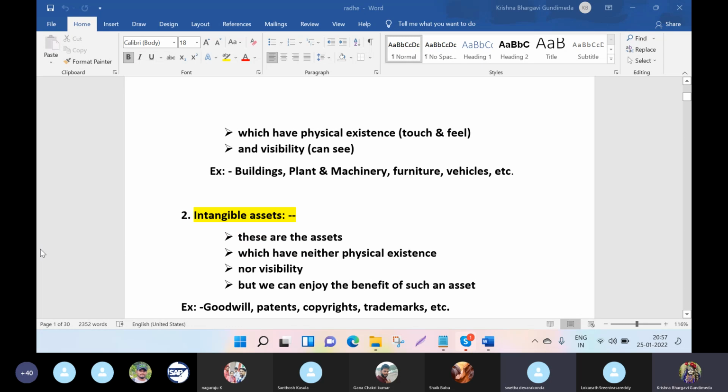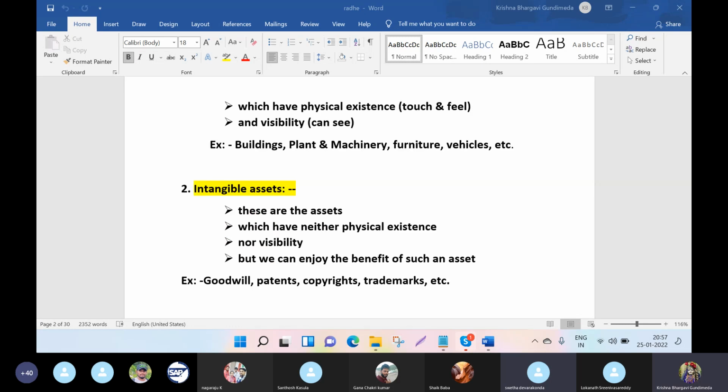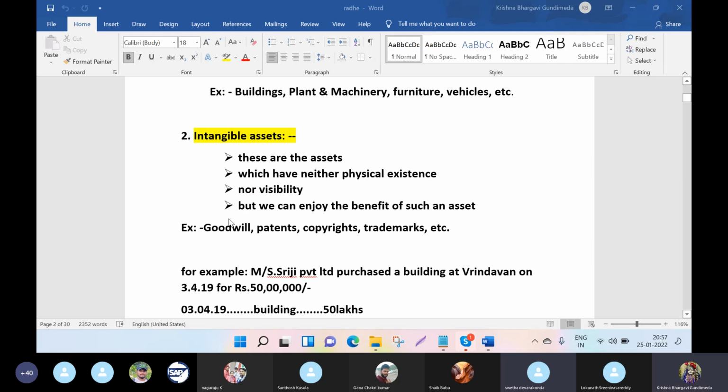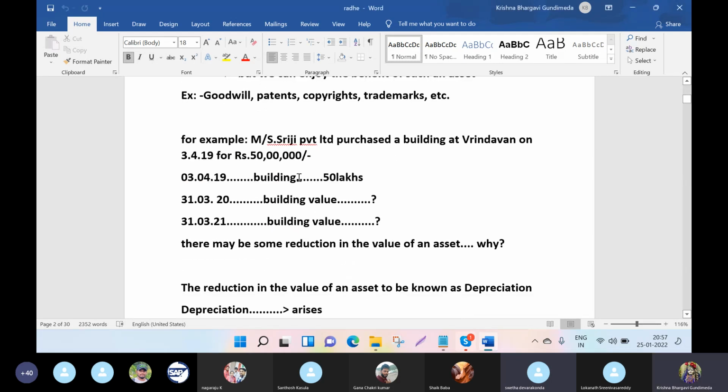For example, I can purchase a machinery for 10 lakhs on 1/4/2019. For example, Merces Regi Limited purchased a building at Vrindavan on 3/4/19 for 50 lakhs.